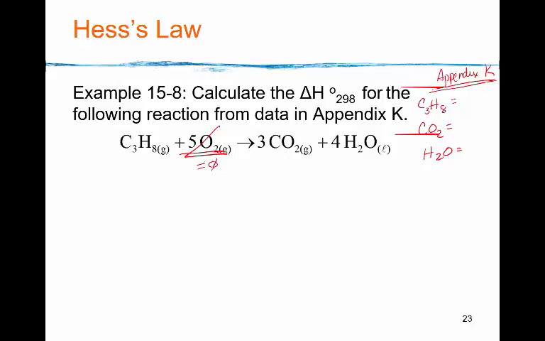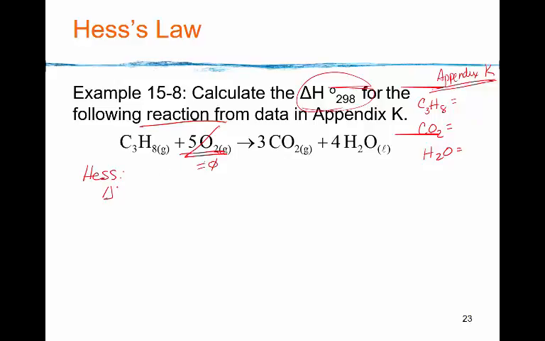The delta H 0 for the reaction is going to be the sum. This is Hess's law, right? It's the sum of the products minus the sum of the reactants.